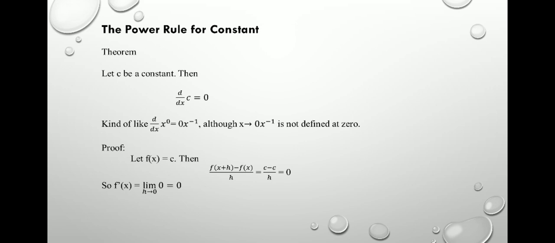The proof: let f of x equal c. Then (f(x plus h) minus f(x)) over h is equal to (c minus c) over h, which is equal to 0. So, f prime of x is equal to the limit of 0, which equals 0, as h approaches 0.